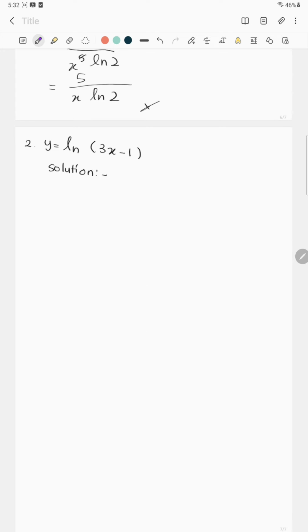So now we go for the second question. This is the function, y equals ln of 3x minus 1.